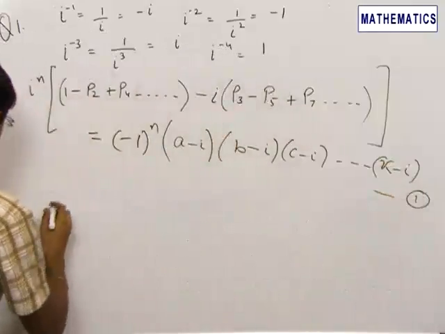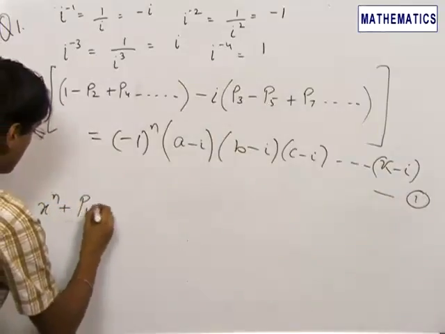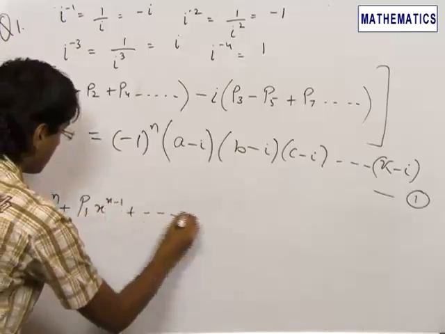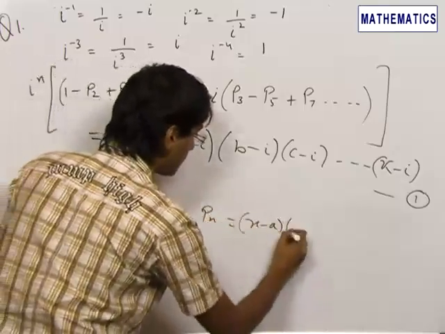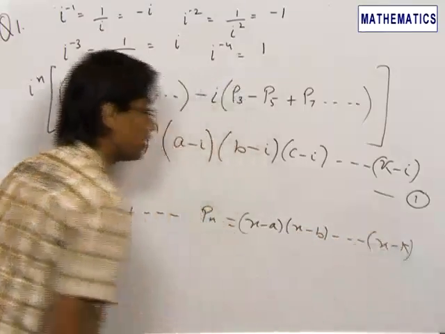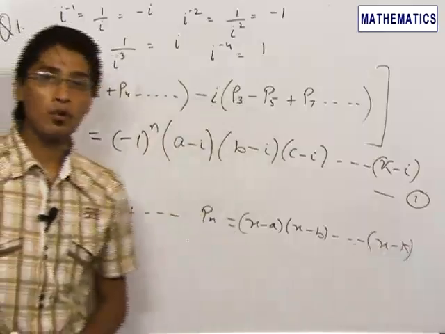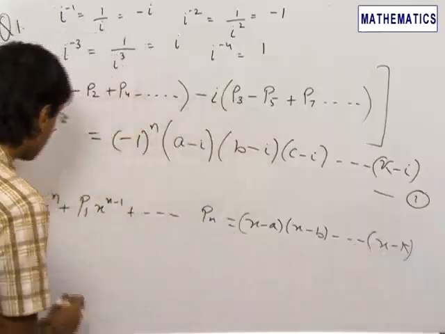Now in the original expression, which was x power n plus p1 into x power n minus 1 up till pn is equal to x minus a, x minus b up till x minus k, initially we put x equals iota, now we will put x equals minus iota.